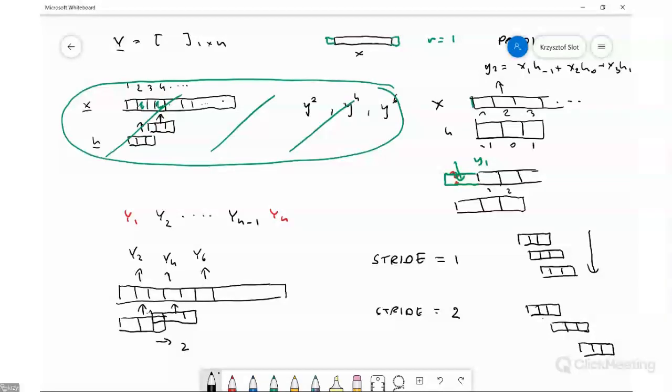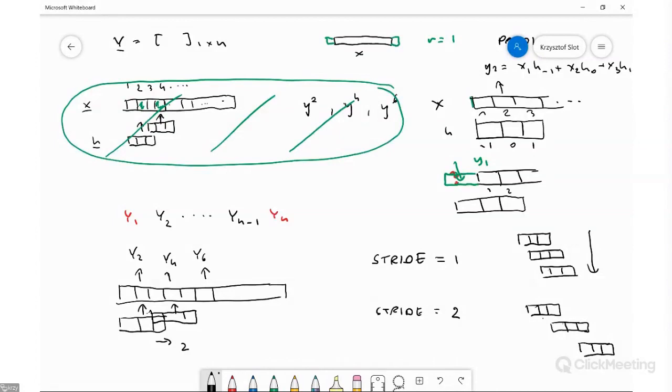I can increase this stride as long as I'm not starting to lose information. I will start losing information if my filters are placed too far apart, so that there is a portion of the input data that is not covered by these computations. As long as I'm not losing this information, it is legal.